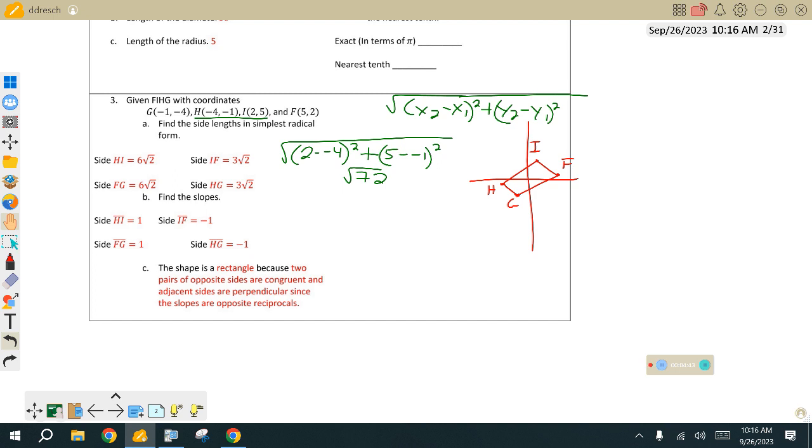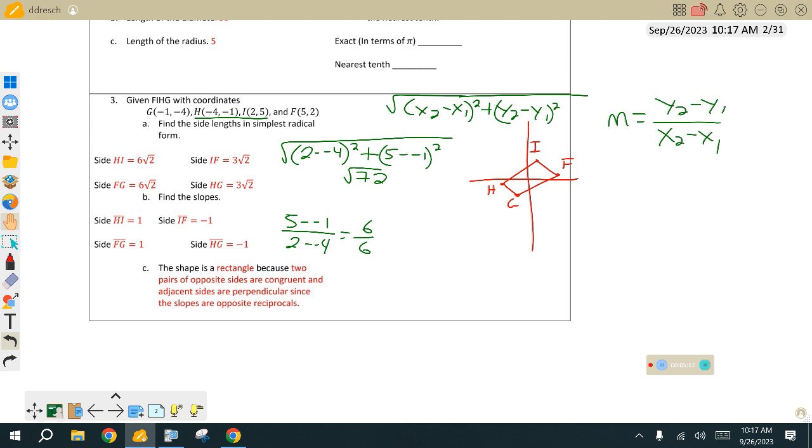So again, bring in your slope formula, guys. All that stuff from your 6th grade, 7th grade years comes into play there. Distance formula, we've been doing that for about 2 weeks' time now. On HI, what I did was y minus y over x minus x.